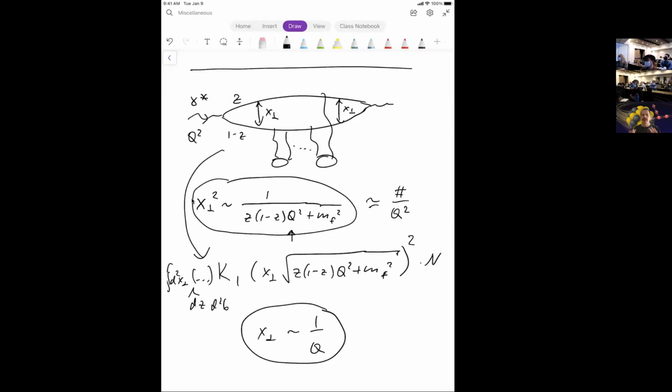So if you want to experimentally vary x perp, you just vary q. DIS with large q squared corresponds to smaller dipole sizes, DIS with lower q squared corresponds to larger dipole sizes. Did I answer your question, or did I mishear it? Yes? Is that a yes? Yes, thank you. Okay, thanks.